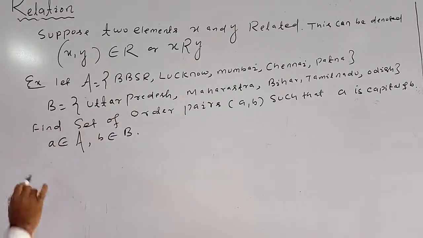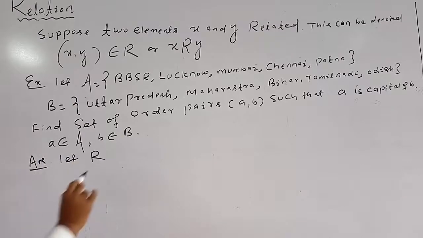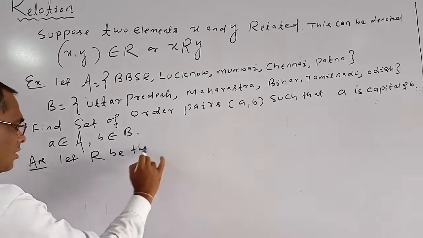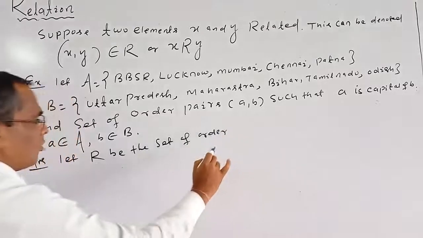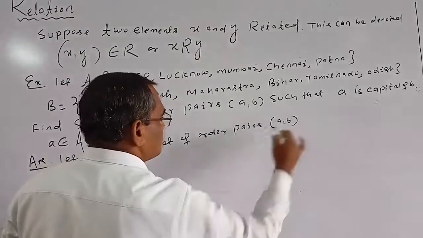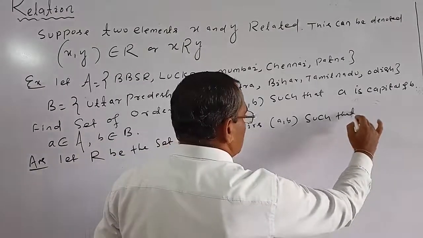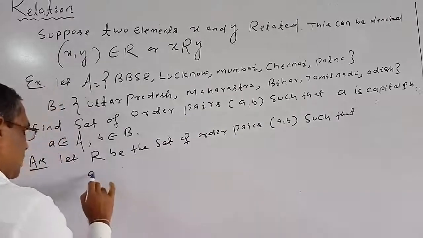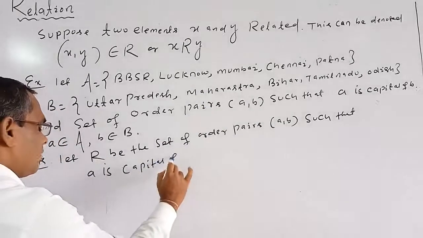Suppose this set is R. Answer: let R be the set of ordered pairs (a, b) such that a is the capital of b.